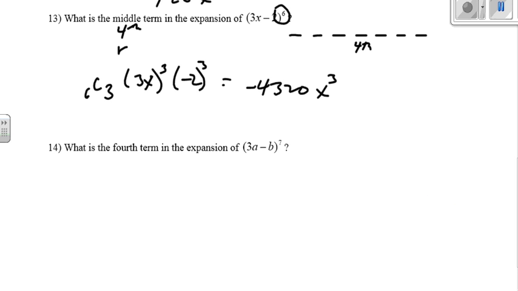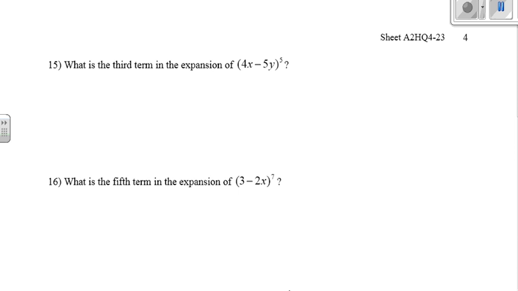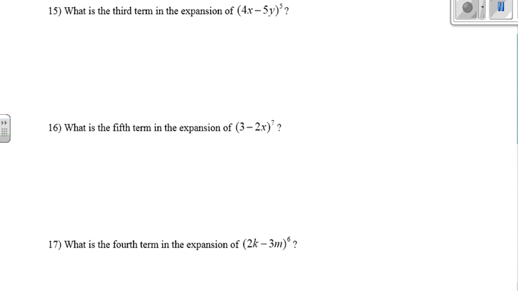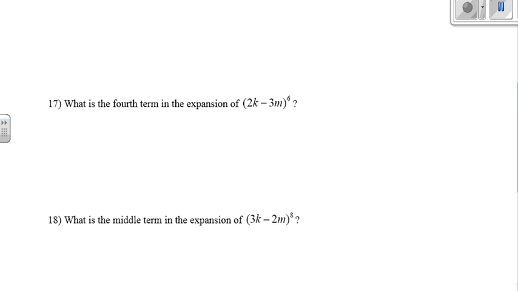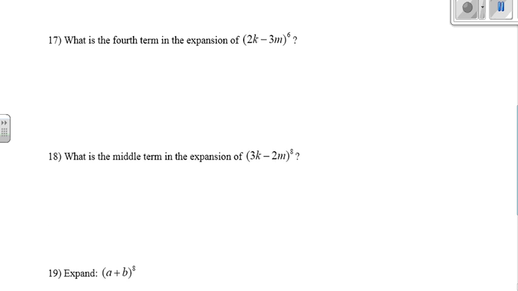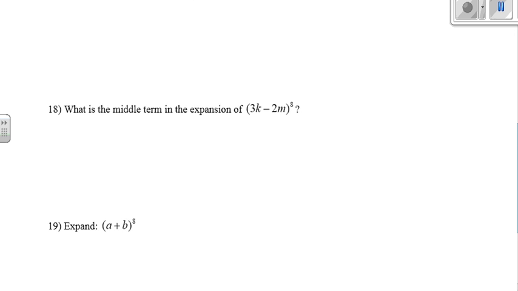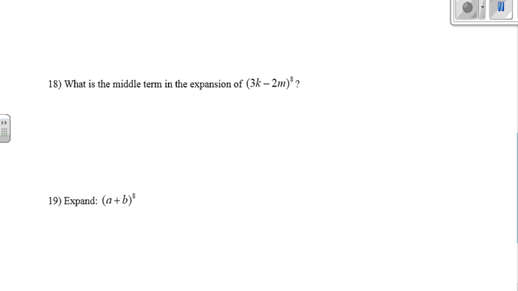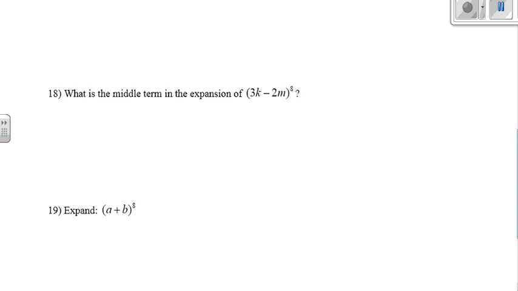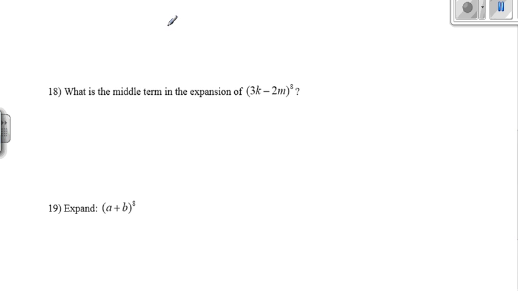So is there any other hard ones that we need to do? Fifth term, third term, no. Those are all pretty easy. Fourth term, middle term. Let's look at this middle term again. So since this is 8, that means we have 9 terms. So if we have 4 terms, we have 1 and 4 more.